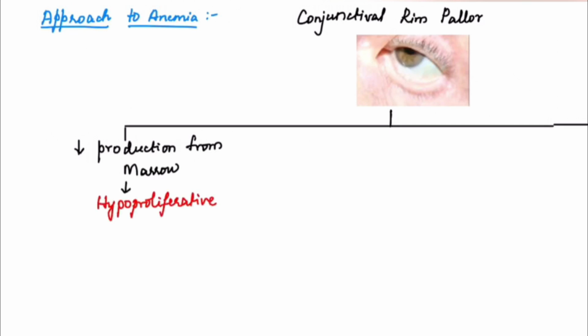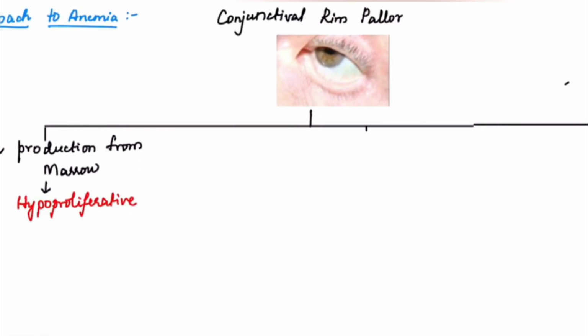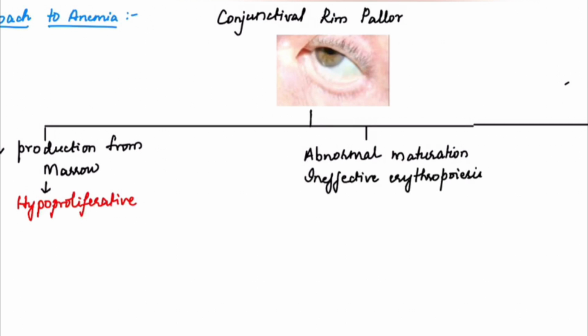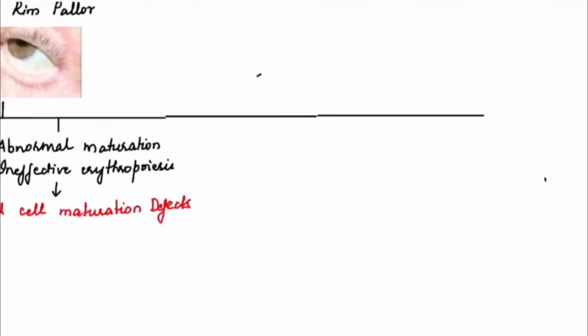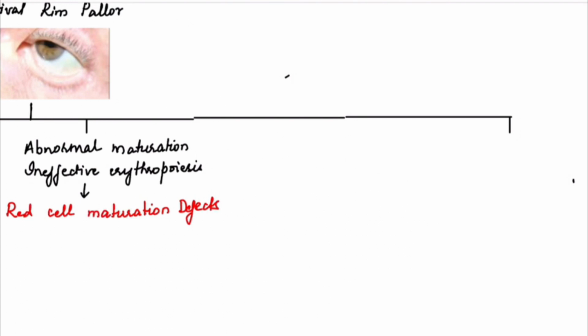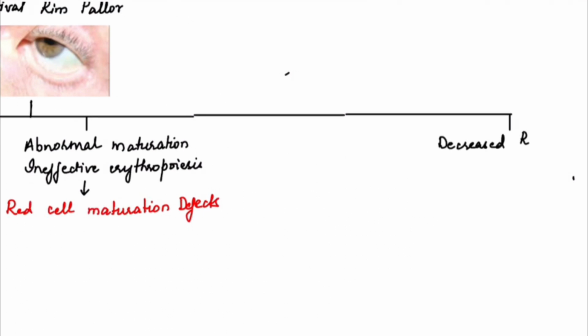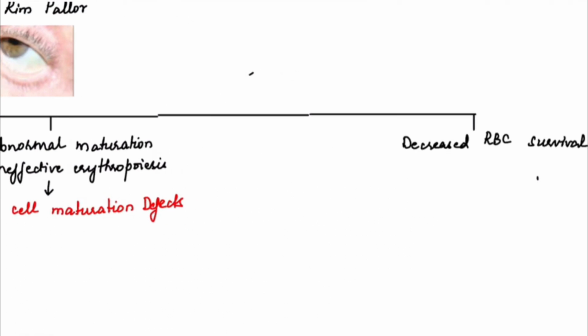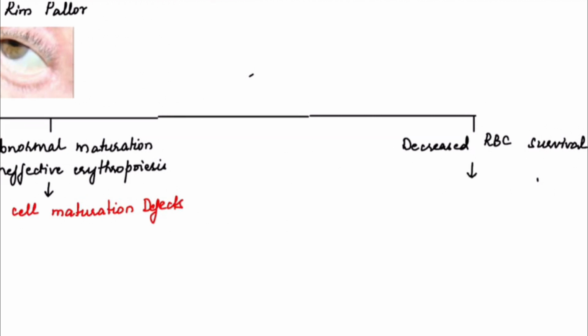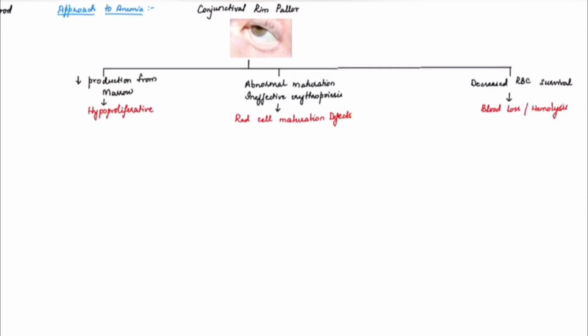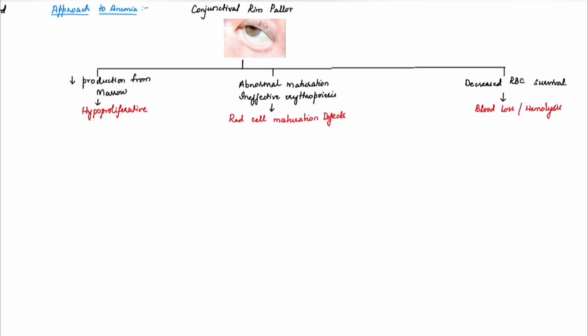Second, the RBCs that are produced in the marrow are not maturing properly, so abnormal maturation or ineffective erythropoiesis, which comes under red cell maturation defects. Third, the RBCs which are produced normally are getting destroyed or lost, so decreased RBC survival, which can be seen when there is blood loss or hemolysis. Only these three things should come to mind when you see a patient with anemia.